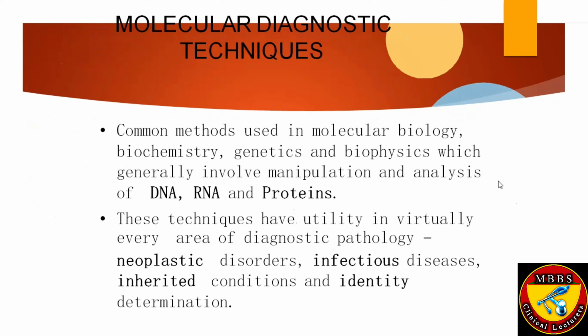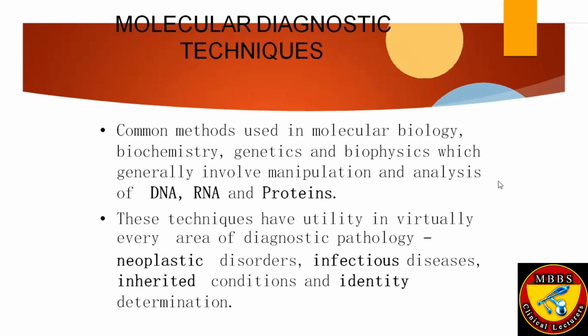Now coming to the techniques that are applied. Up till now we have discussed inherited genetic disorders, acquired disorders, and disorders that occur due to environmental factors. How can we lead to the diagnosis?